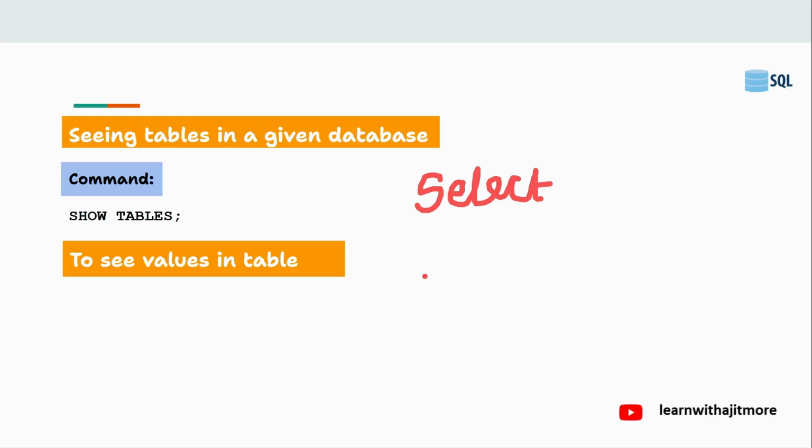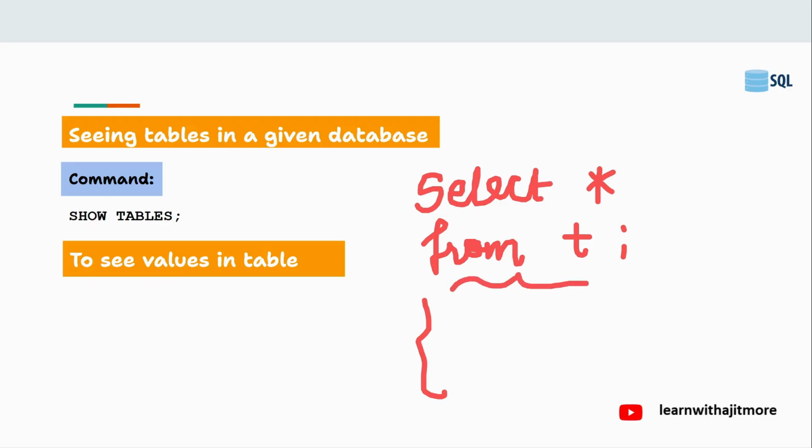Like we do printing in other languages, like in Java, we do system.out, or in Python, we do print, somewhat like that. To print something, select. If you want to display all the columns, write star. Selected column, give the column name. And then main thing you have to mention the table name. That is from table. Okay. So it is going to display all the records and all the columns. Means all rows, all columns.